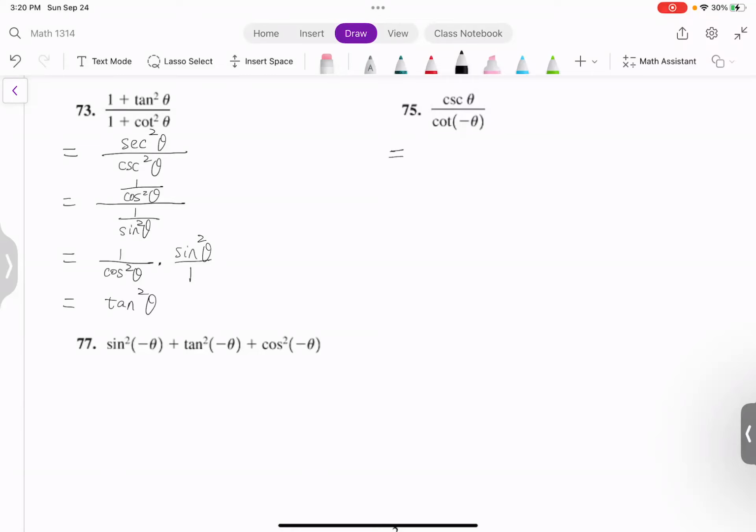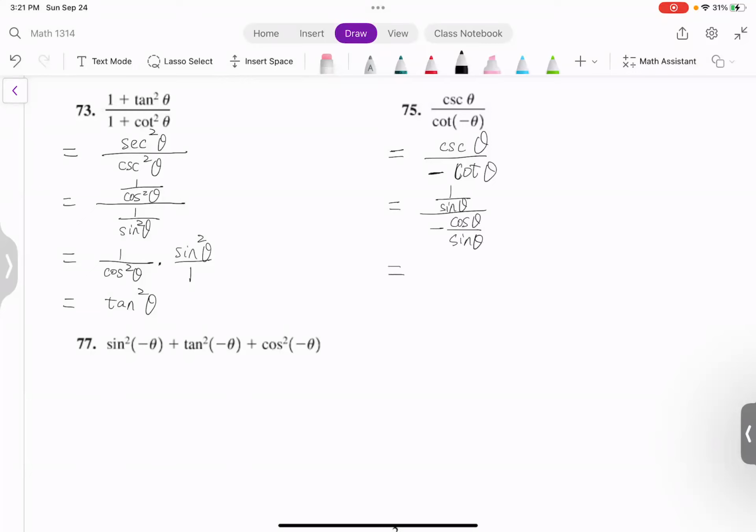Let's get rid of the negative sign first. That's cosecant. And the cotangent, it is the odd function. That is negative cotangent theta. Next step, the top is 1 over sine theta, and then divided by negative cosine theta over sine theta.